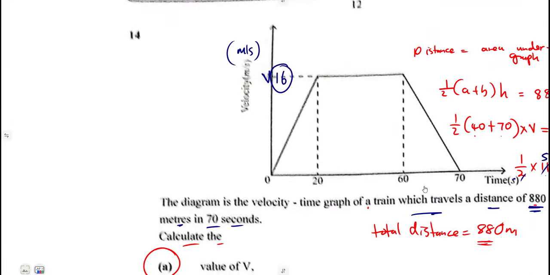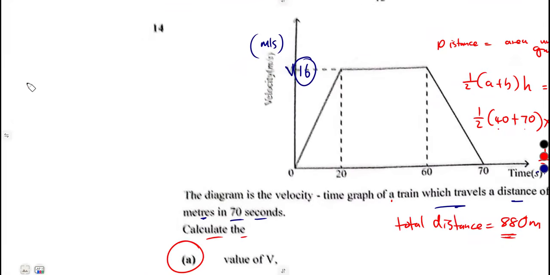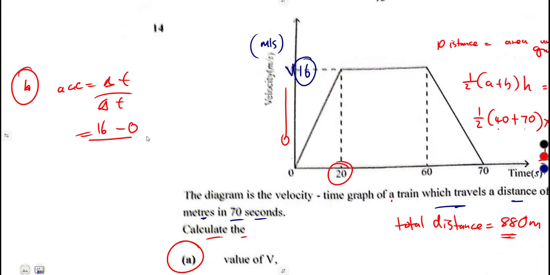Acceleration can be calculated from the change in velocity over the change in time. So during the first 20 seconds, the change in velocity was from 0 up to 16. So that's 16 minus 0, change in velocity.